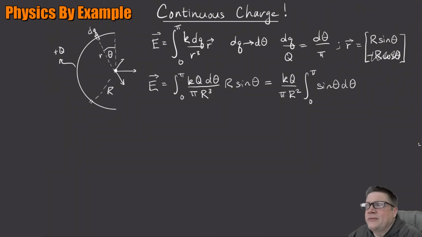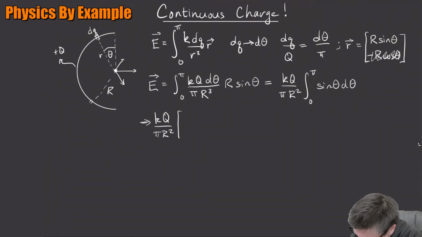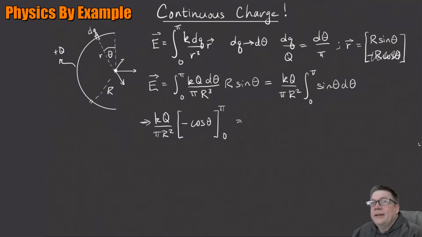I can never remember which trig integral is minus and which is plus. This one I think I remember: the integral of sine is minus cosine. If not, I'll get a negative answer and know I was wrong. So this is kQ over pi R squared times minus cosine theta from 0 to pi.